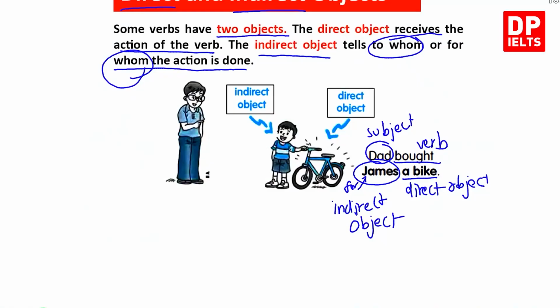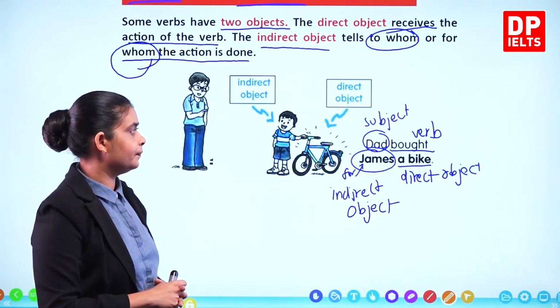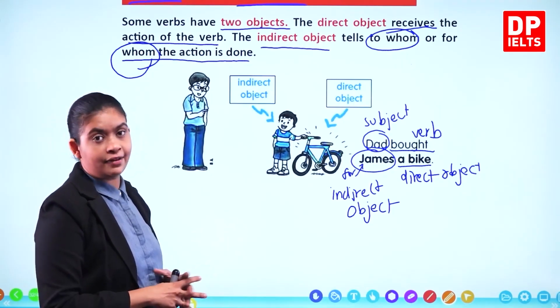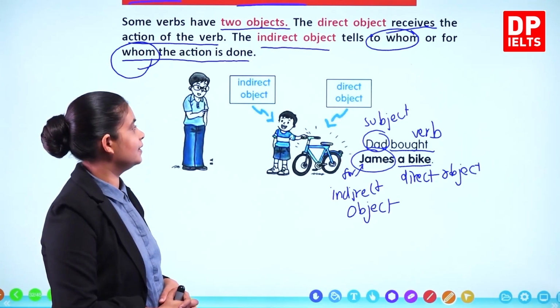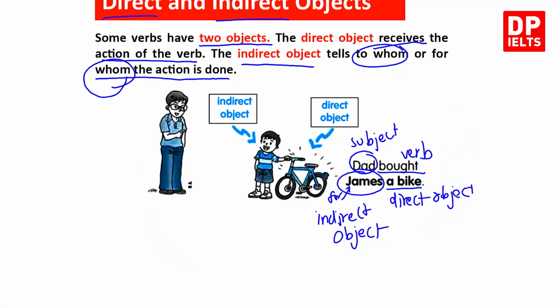So here you can see that the sentence has two objects, one direct object and one indirect object, right? Dad bought James a bike.